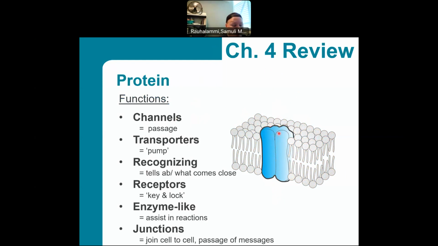They can also be receptors, as we see in the case of hormones using certain kinds of proteins as receptors. They can serve enzyme-like functions, assisting in reactions, or they can be junctions, connections from one cell to another, helping passage of materials or messages from one cell to another.